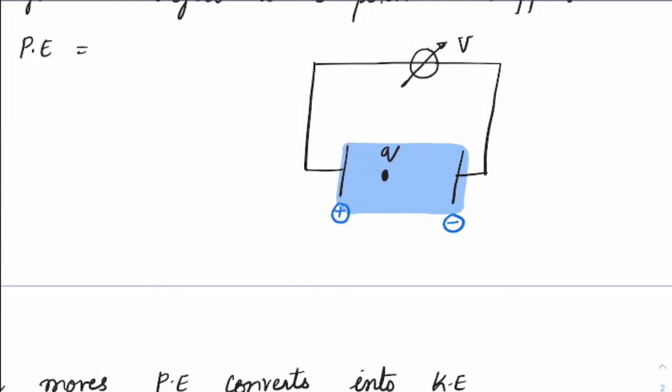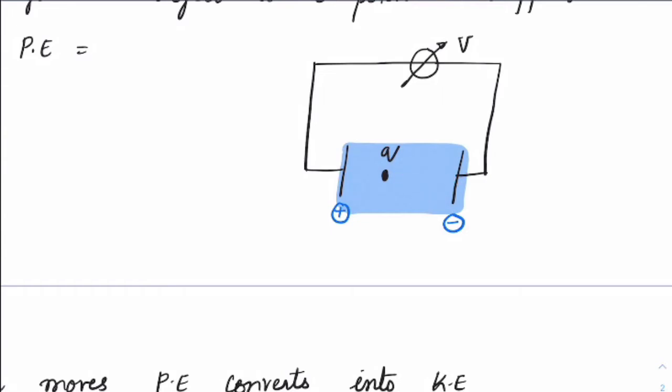The entire space between them will have some electrical field, and if a charged particle is placed in the electrical field, then it experiences a potential energy. Because of that field, either there would be an attraction. If it is negatively charged, there would be attraction towards the positive charge. If this charged particle is positive, it will be attracted towards the negative side.